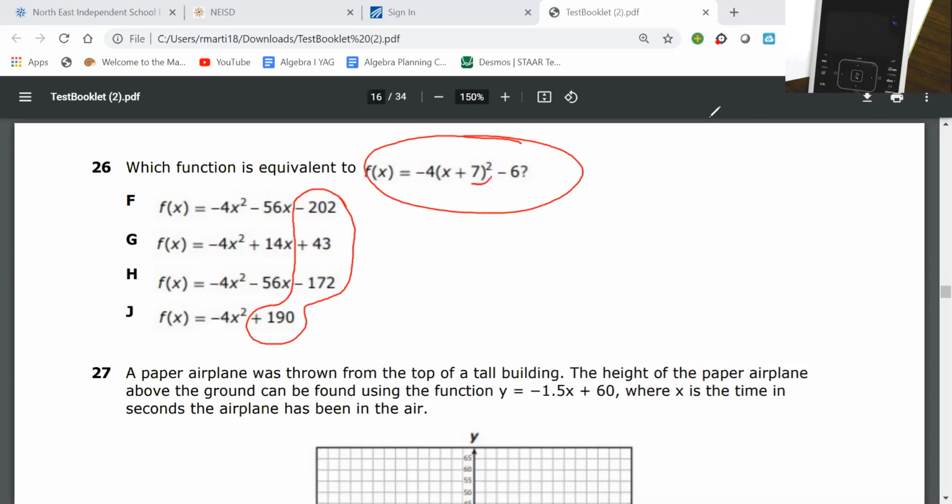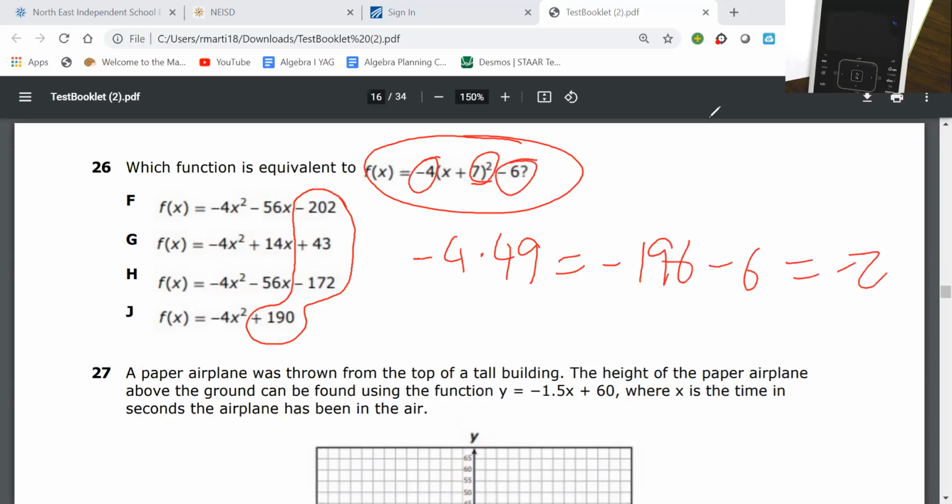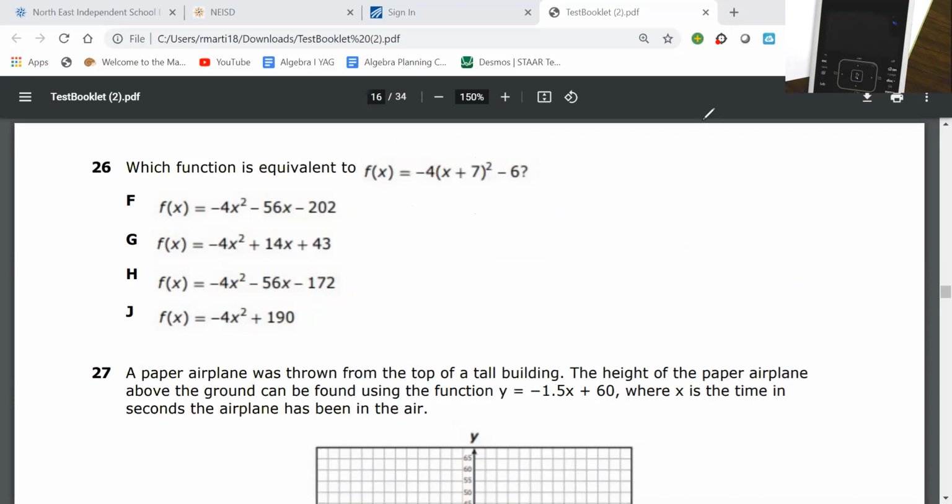So if I go 7 squared, 49, times -4, -196, minus 6 more, -202. And I look at these and I say, oh, there it is. There's my answer. Done. So that's the way I would have done it had I seen this. But we all think differently. And if that doesn't occur to you, then don't do it.